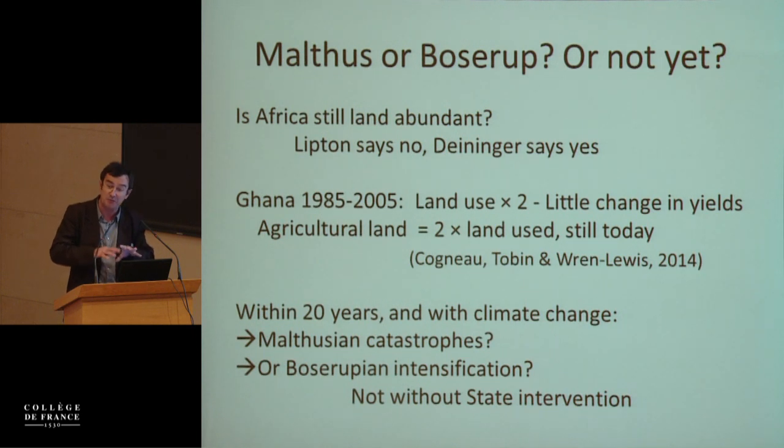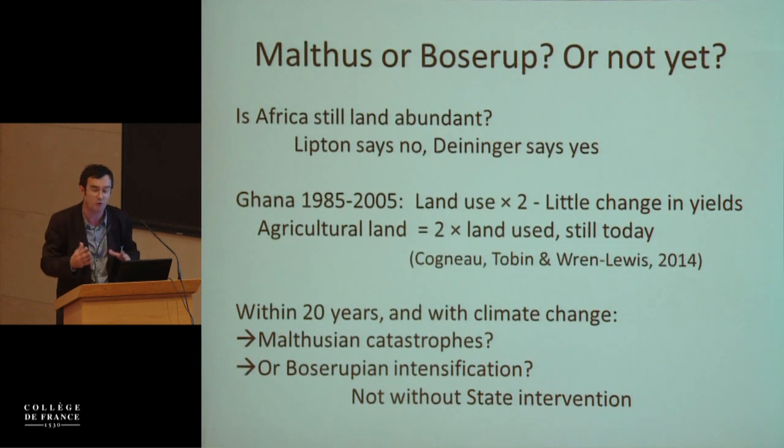So at the same time, you have a conquest through the clearing of the forest of large amounts of land, and these additional large amounts of land are not characterized by lower yields. That is, it's not lower quality land. Everything is as if, in this setting, extensive agriculture was still able to reproduce itself during these 20 years.